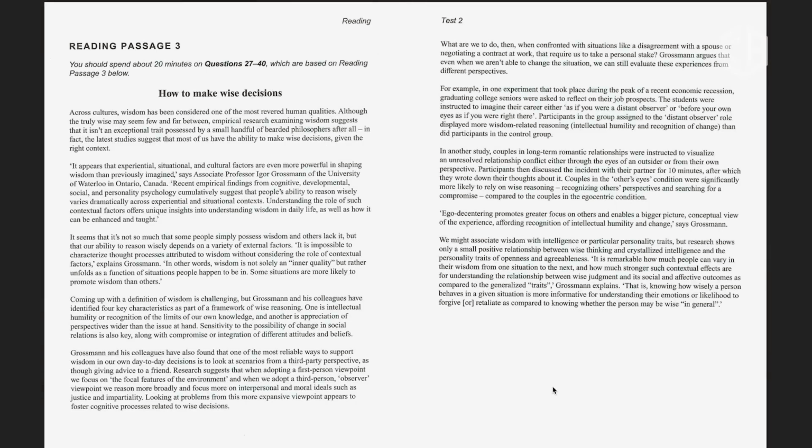Before we talk about how to approach this type of question, I'm going to tell you a little bit about how we should manage our time. When it comes to managing our time, we need to take a look at the questions themselves. As you see on the screen, and as we discussed previously, this is the kind of text that we have to skim first because we don't have A, B, C, D sections.